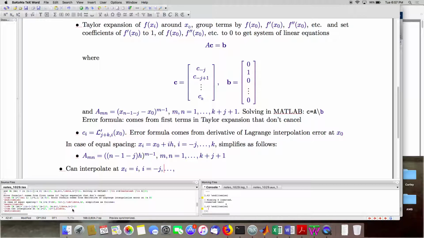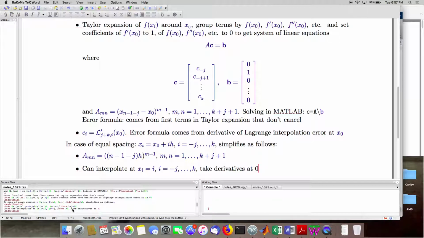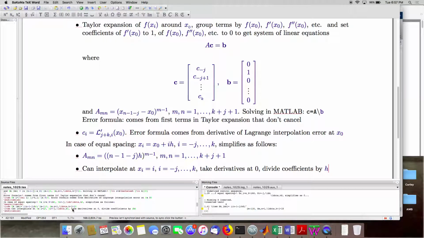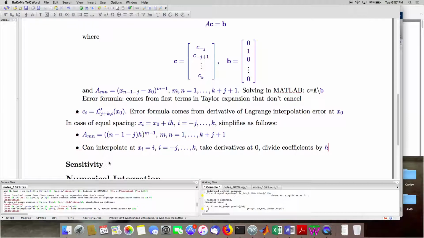And then take derivatives at 0, and then divide the coefficients by h. So don't forget to do that. Okay. And certainly the error formulas would simplify quite a bit as well, because the error would be expressed in terms of h.